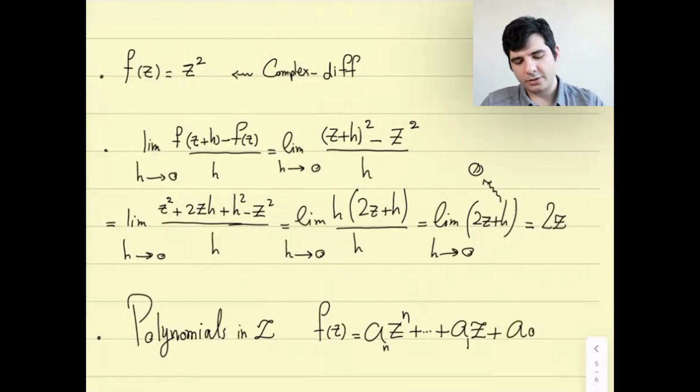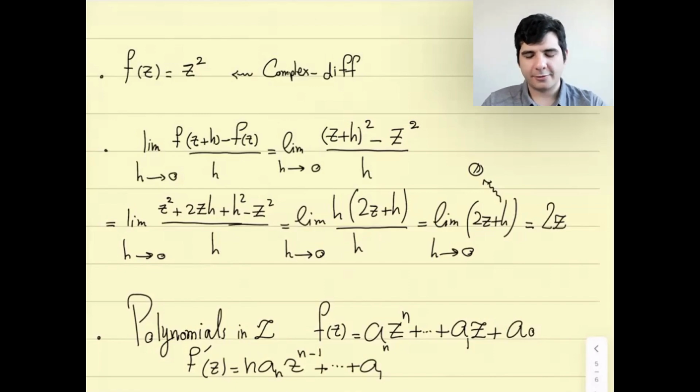And the derivative is what you expect. I leave that to you to try for z to the n rather than z squared, but the derivative would be n an z to the n minus 1 plus up to a1, and the derivative of a naught is 0, right? What you would expect. Now, this agrees with your intuition from calculus. Now I'm going to show you an example which does not agree with your intuition from calculus.